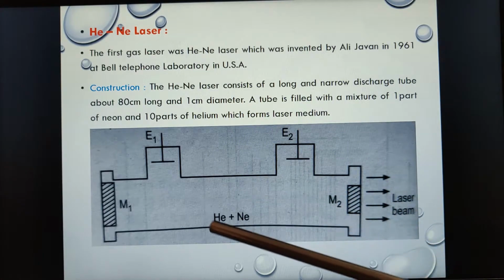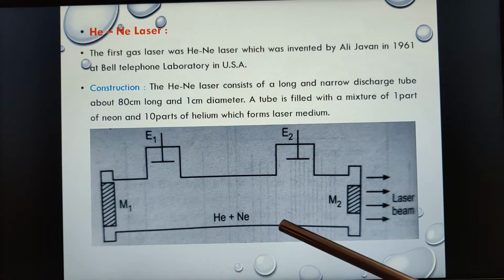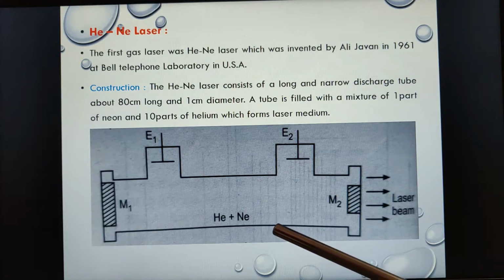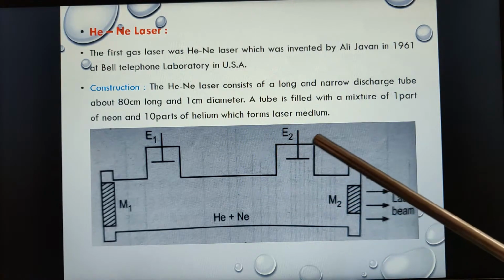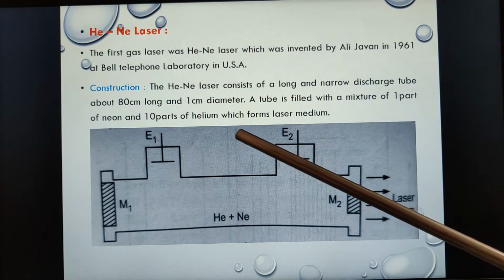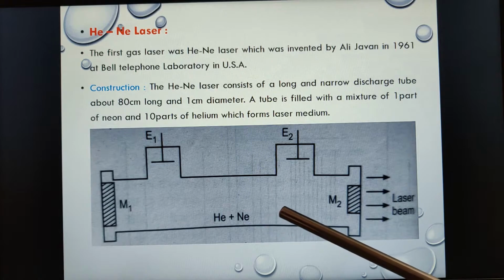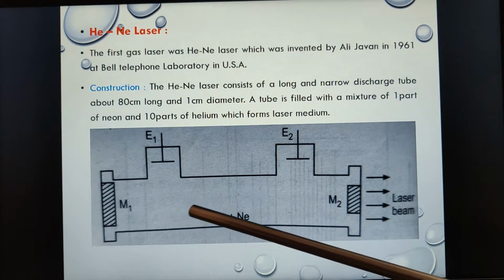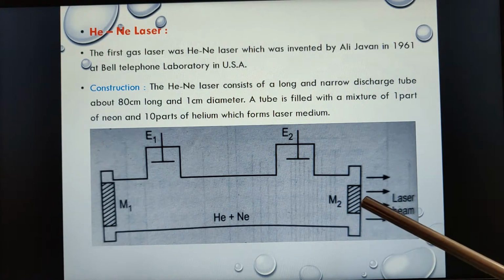So this is the construction of the helium neon laser. The diagram consists of a mixture of helium neon gas in the ratio of 1 part neon and 10 parts helium, and this is the discharge tube having length 80 cm and diameter 1 cm.